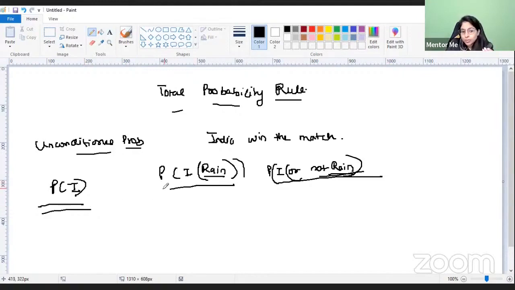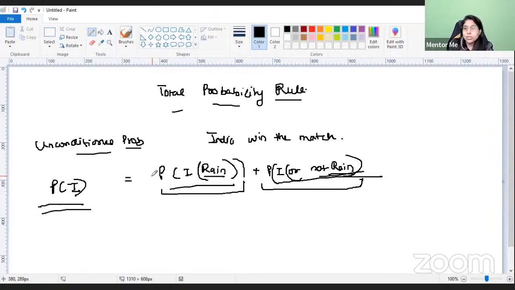We will have to calculate these conditional probabilities and add them up, because let's assume that these are the only two conditions which can happen and influence the probability of India winning the match, right? So we took these two probability sets, we added them up. What will we get? We will get the probability of India winning the match irrespective of whether it rains or does not rain. So what did we do? We calculated the respective conditional probabilities and added them up.